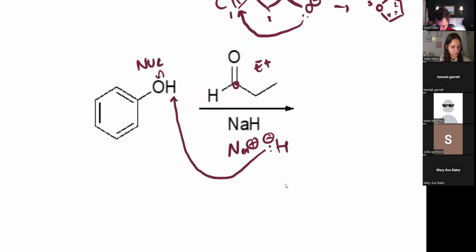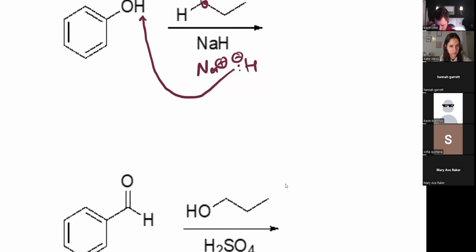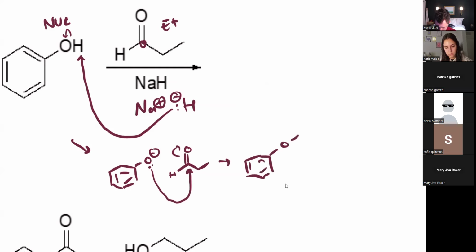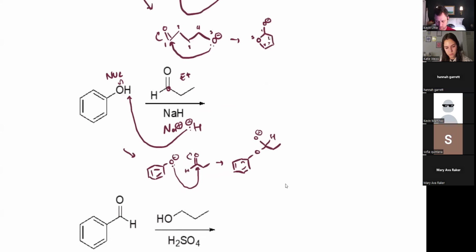So I'm going to take the proton from the nucleophile, give it the electrons from that bond. Step two, nucleophile attack electrophile. That's all you need to show.